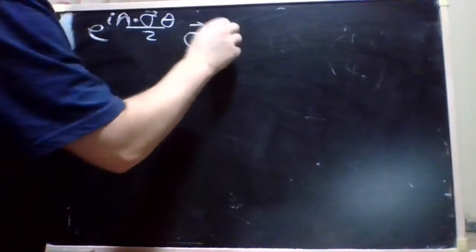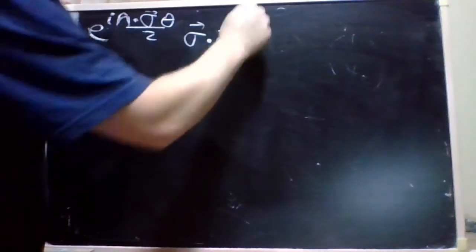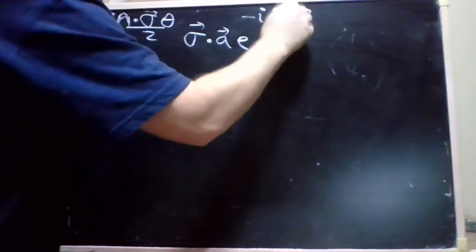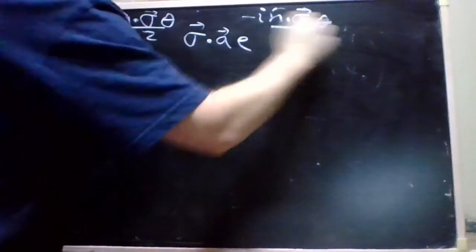So this vector here is a general unit vector, theta over 2. So rotation over an axis n, and sigma dot a, exponential of minus i n dot sigma vector theta over 2.